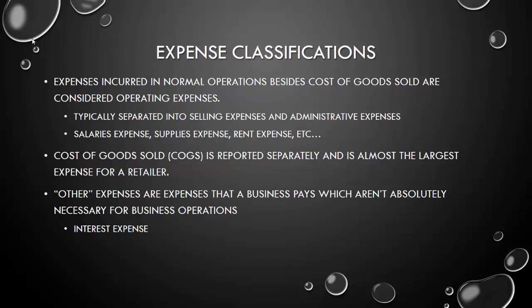And it lets people that look at your financial statement, your income statement if you will, get the most useful information out of there for what they want to know. Are you getting enough markup on your goods? Are you paying too much for administration? Are you buried in debt and paying too much interest? By separating these numbers into different categories, it lets someone look at your income statement and make a quick determination about the financial position of your company.